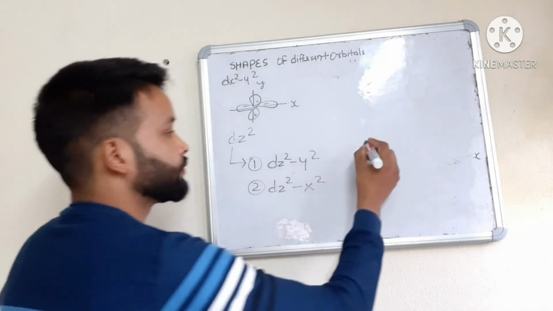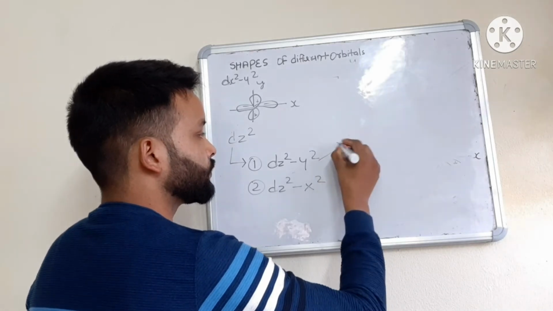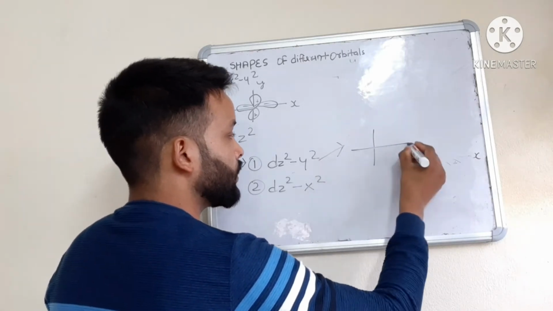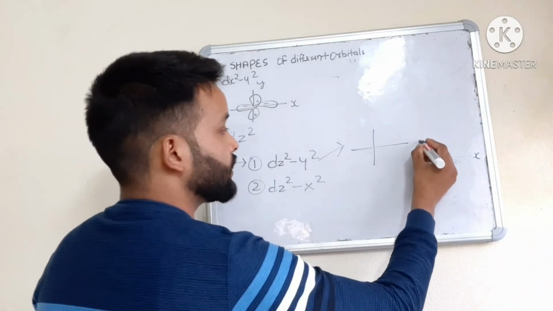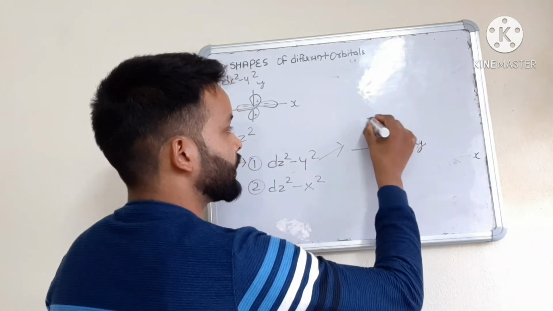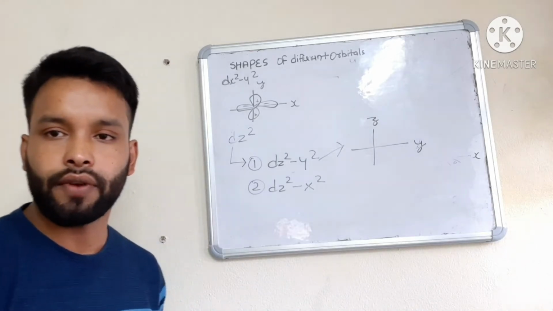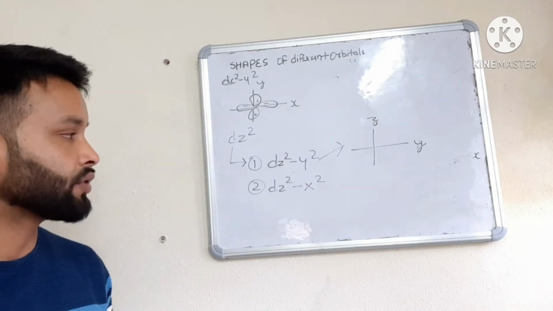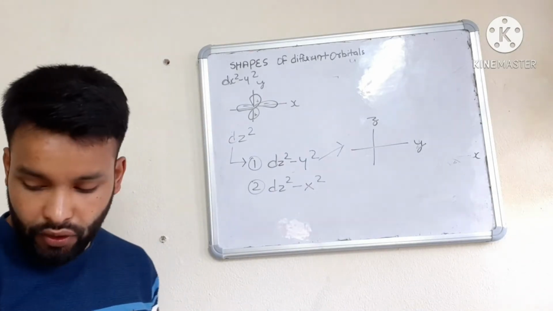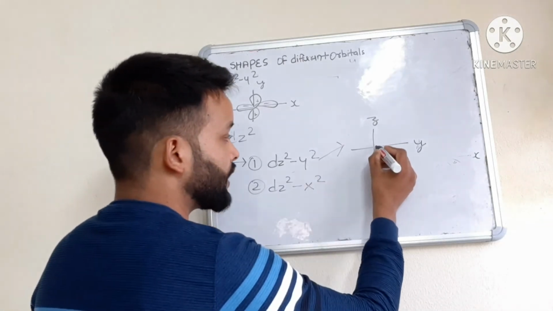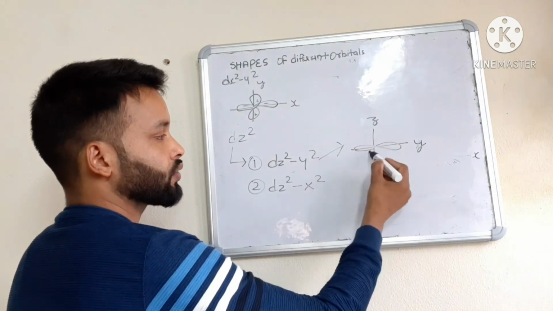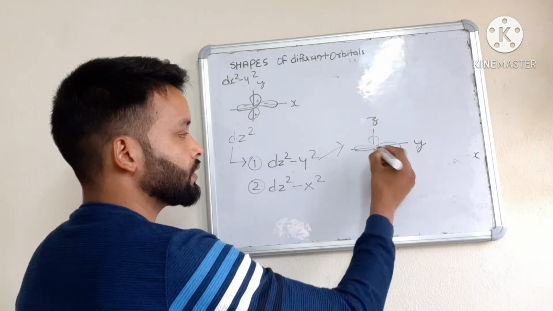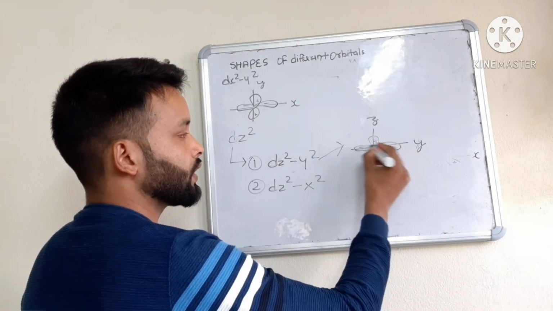I'll draw z and y, taking my internuclear axis. This is y and this is z. So dz square means within the lobes I'll draw y square and z square, positive and negative.